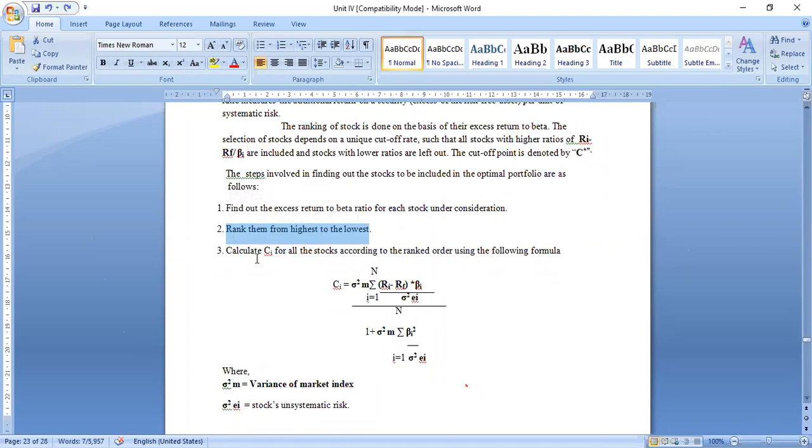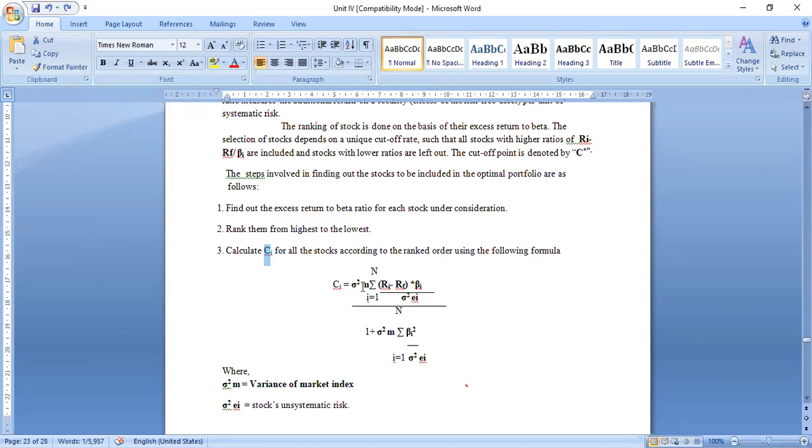Then we have to calculate Ci, and this Ci gives us a clear idea to calculate the cutoff rate. We calculate this for all the stocks according to the ranked order using the formula. So it is important to remember this formula, because based on it we are going to make the groupings for the columns.